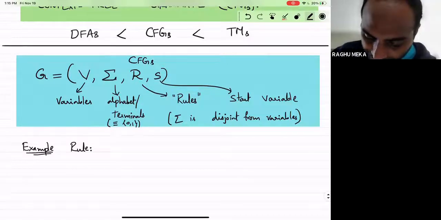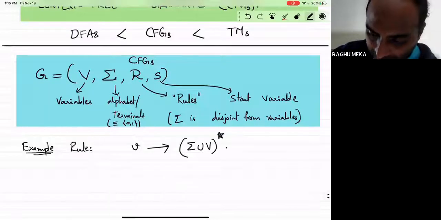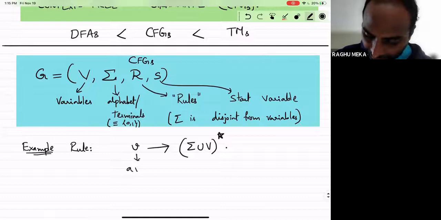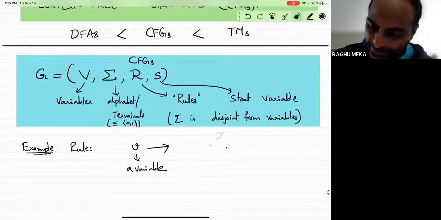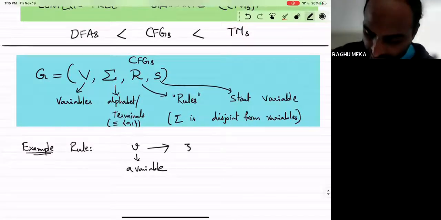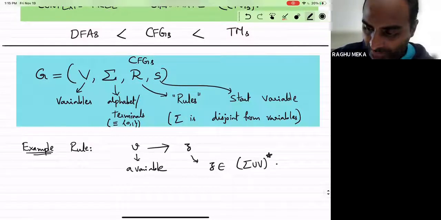It takes a variable and gives out a string. Let me write it this way: a variable goes to Z, where Z is an element of (sigma union V) star.